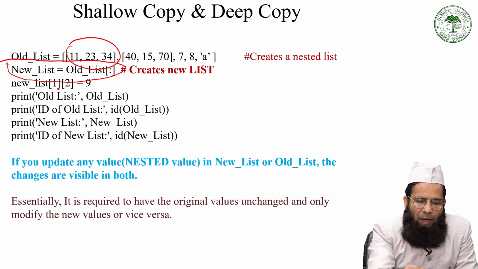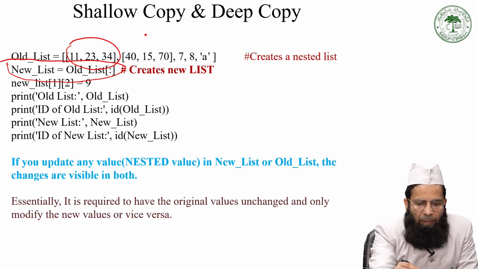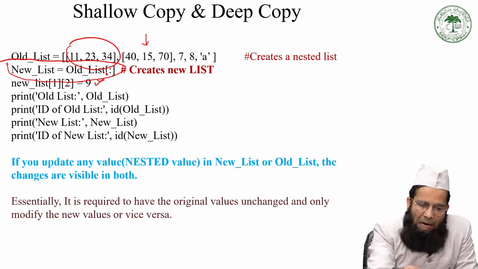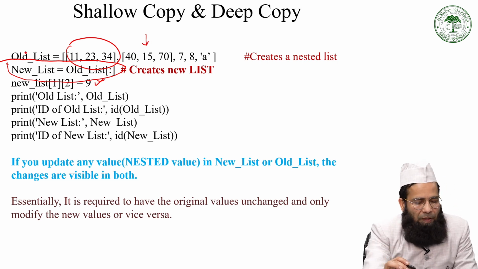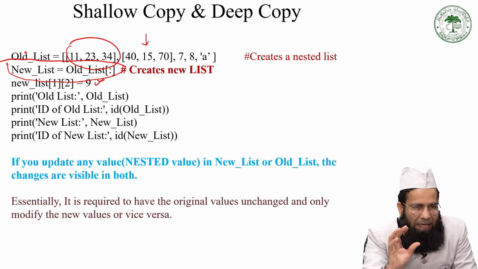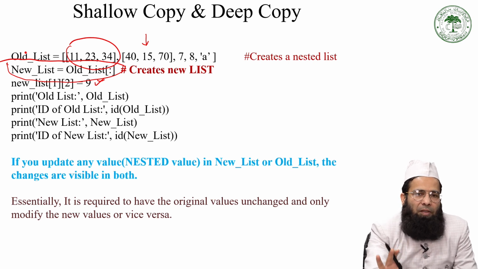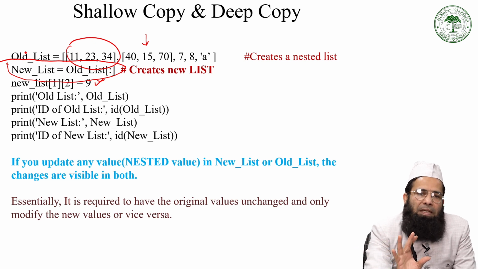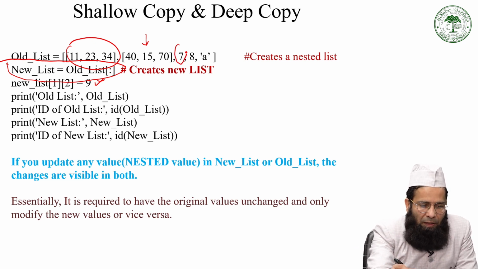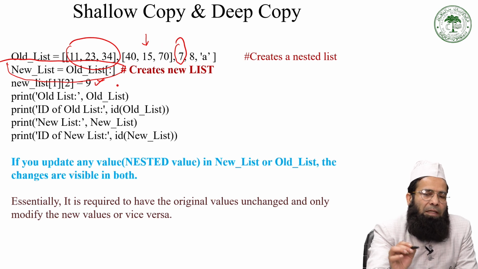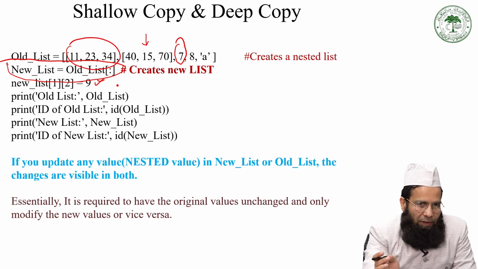If you are updating, like in this case, 15 with 9 in the new list, that would be reflected in the old list as well. So if you update any nested value in the new list or old list, the changes are visible in both. But if you are updating a top-level value in the old list, that would not be reflected in the new list. So that is the difference.